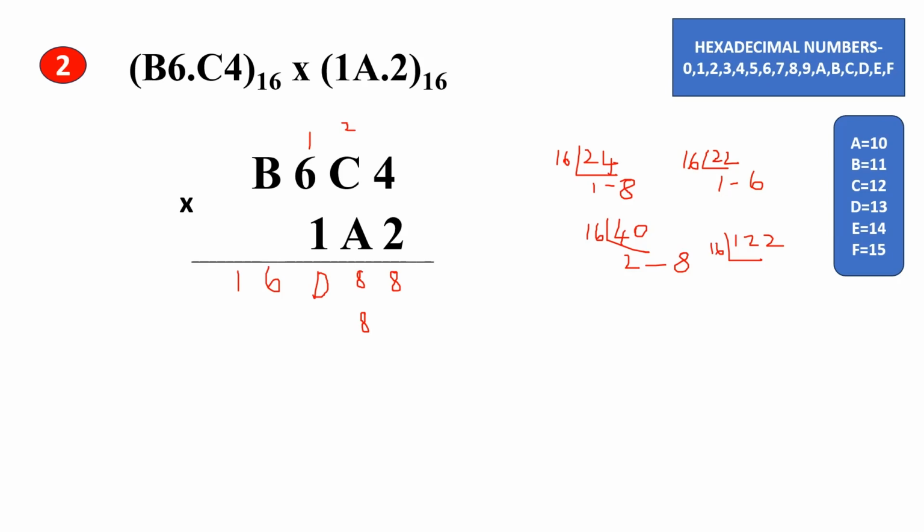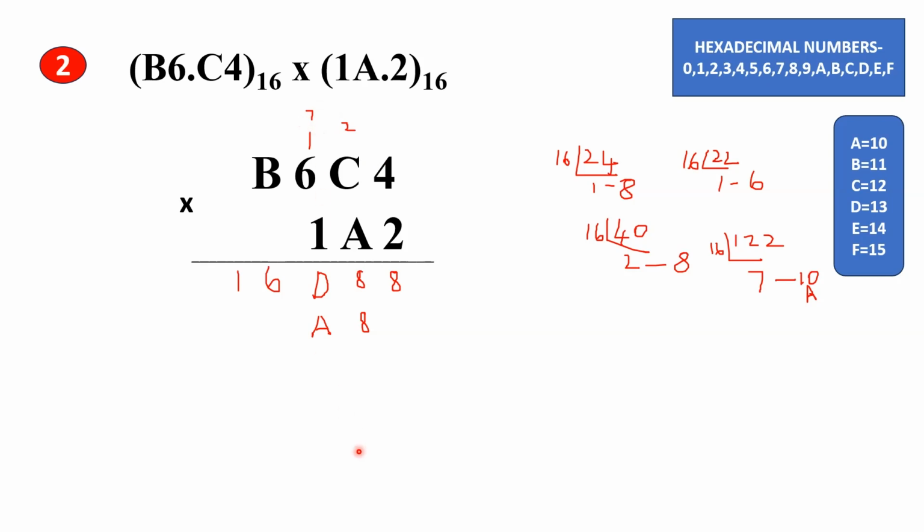So you get the quotient as 7 and remainder as 10. 10 represents A. So you write the A here and the 7 goes as the carry.